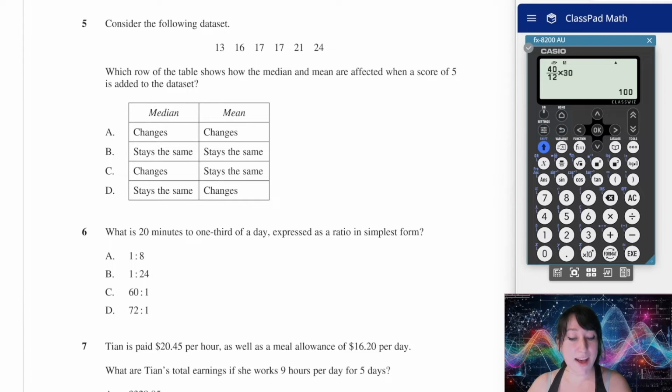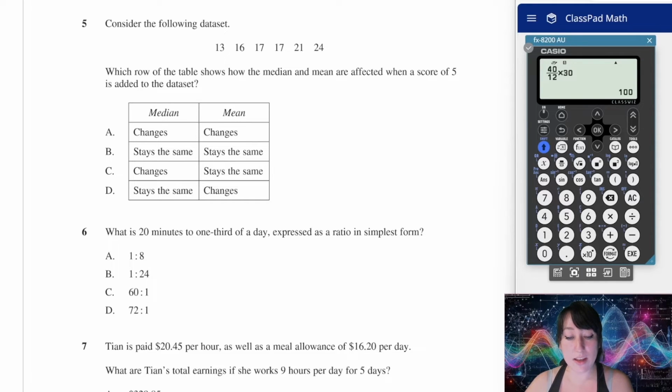Okay, question 5 is a statistics question. It says, consider the following data sets. We have a list of 6 scores, and it says which row of the table shows how the median and mean are affected when a score of 5 is added to the data set. Let's first take a look at what happens to the median.